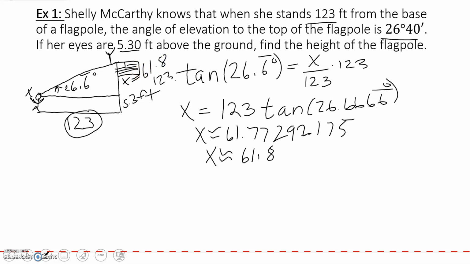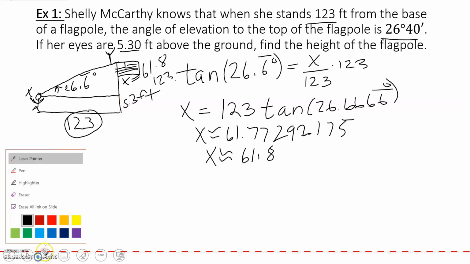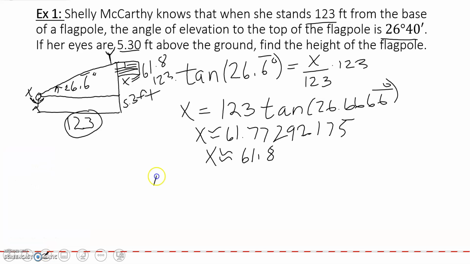Now, that's not the complete height of the flagpole, because we also have to take into account this 5.3 feet here at the bottom. So the height of the flagpole would be the 61.8 plus the 5.3.